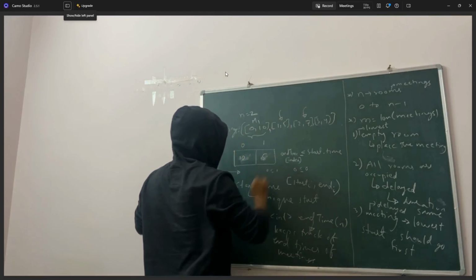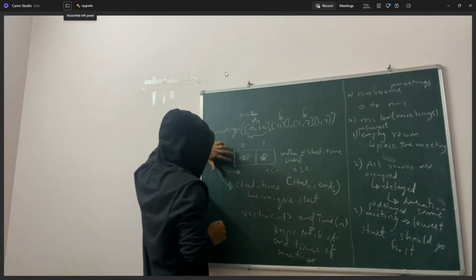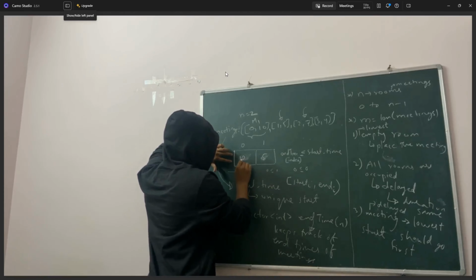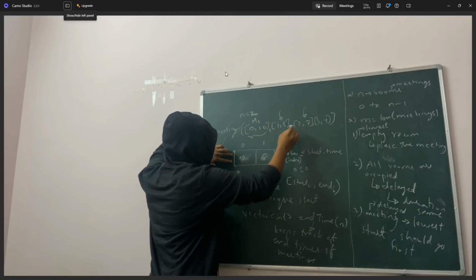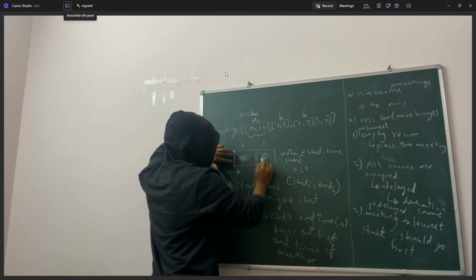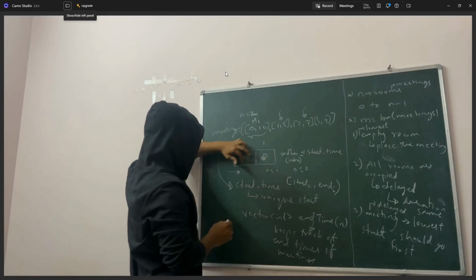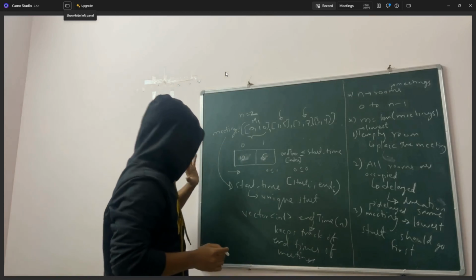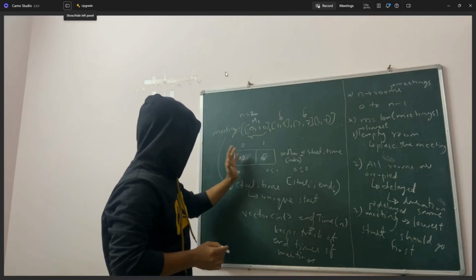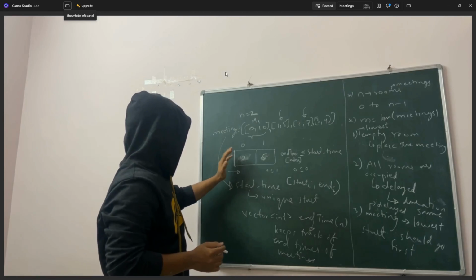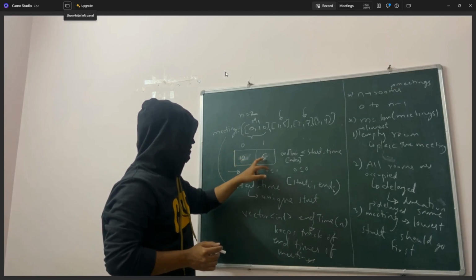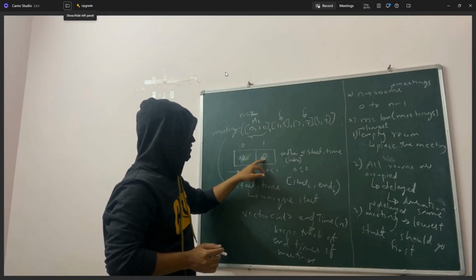I'll move forward and check. This meeting is ending at 10, but it is starting at 2, so this is occupied. Same thing, this meeting is starting at 2, but this is ending at 5, so it is occupied. So both rooms are occupied. When time moves forward, at 5 this room will be available, right?